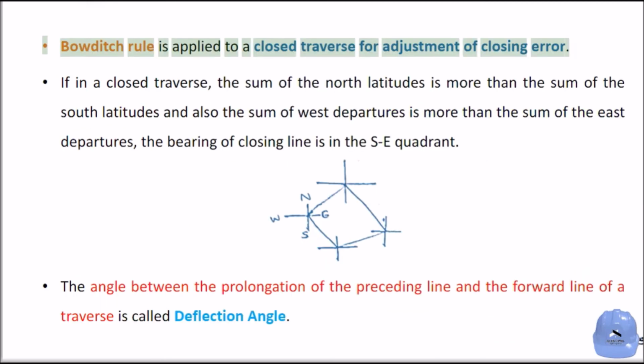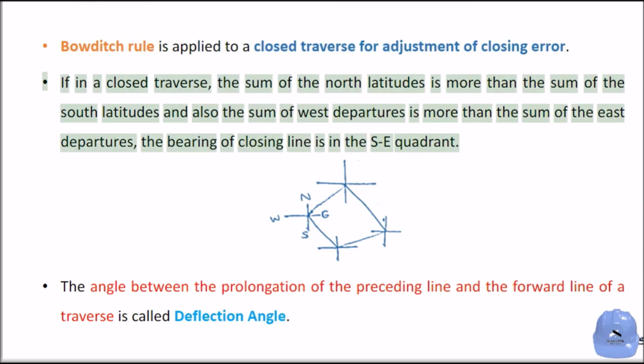Bowditch rule is applied to a closed traverse for adjustment of closing error. If in a closed traverse the sum of the north latitudes is more than the sum of the south latitudes, and also the sum of west departures is more than the sum of the east departures, the bearing of the closing line is in the S quadrant.